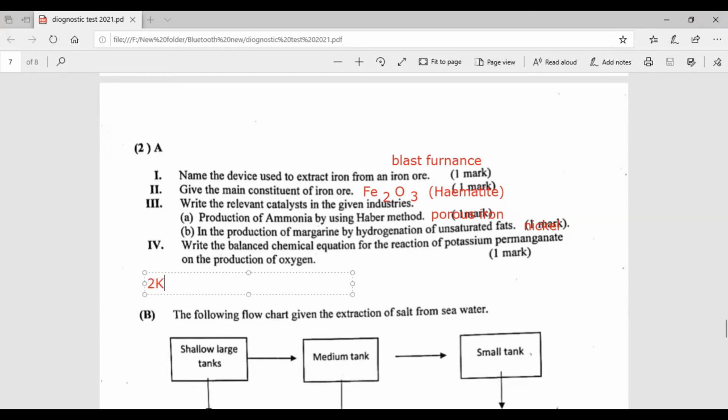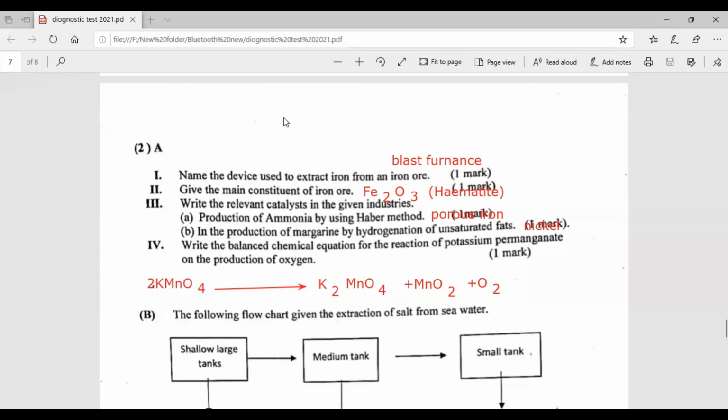Write the balanced chemical equation for the reaction of potassium permanganate in the production of oxygen. The answer: KMnO4, potassium permanganate. When heating it, K2MnO4 plus MnO2 and O2 are produced.